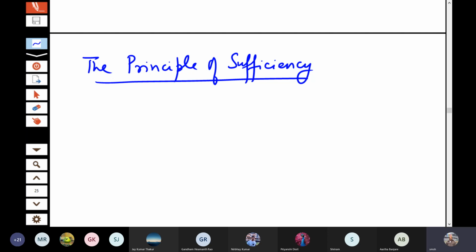So now I will discuss the principle of sufficiency. Firstly, let us look at the formal definition of this.